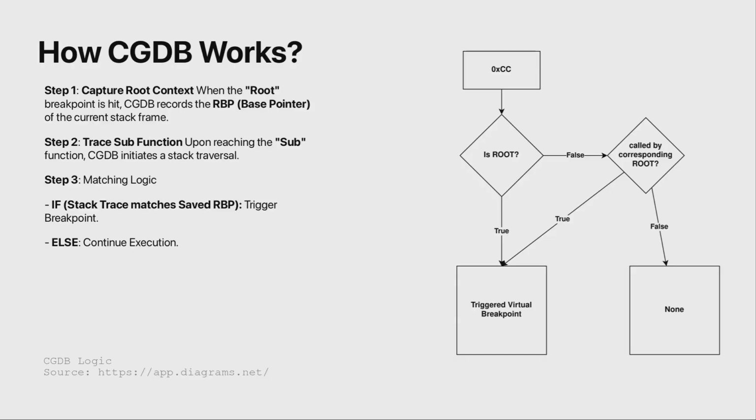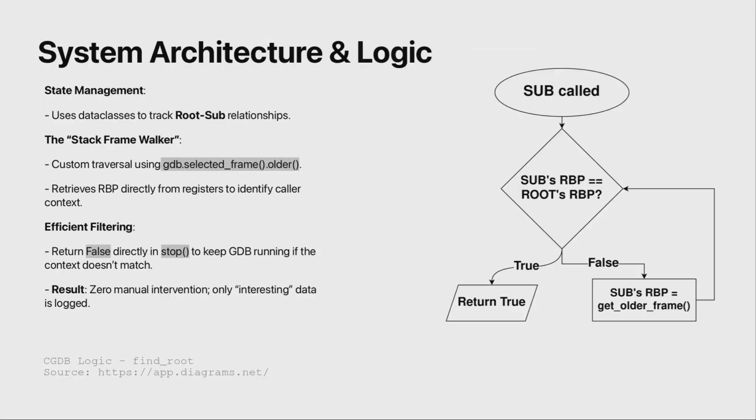Subsequently, when the execution reaches the sub breakpoint, CGDB performs a stack backtrace to traverse the frames. If a frame matches the previously stored RPP, it confirms that the sub breakpoint was indeed triggered by that specific root context.